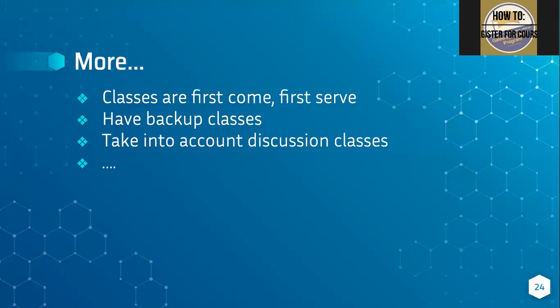And then of course, take into account discussion classes. So it's really important to consider: do I want morning? Do I want evening? Look at the times, be mindful, and try to plan your schedule out. You get to pick it now.